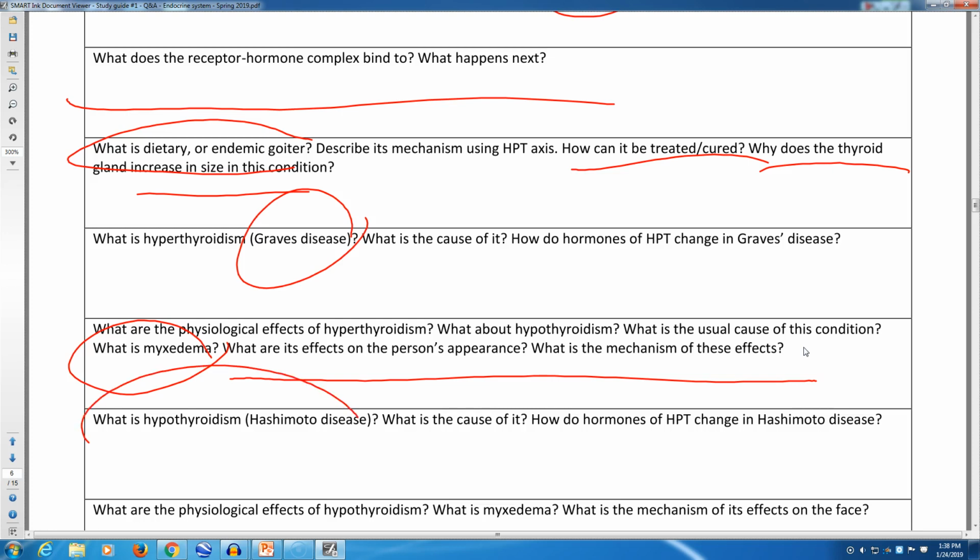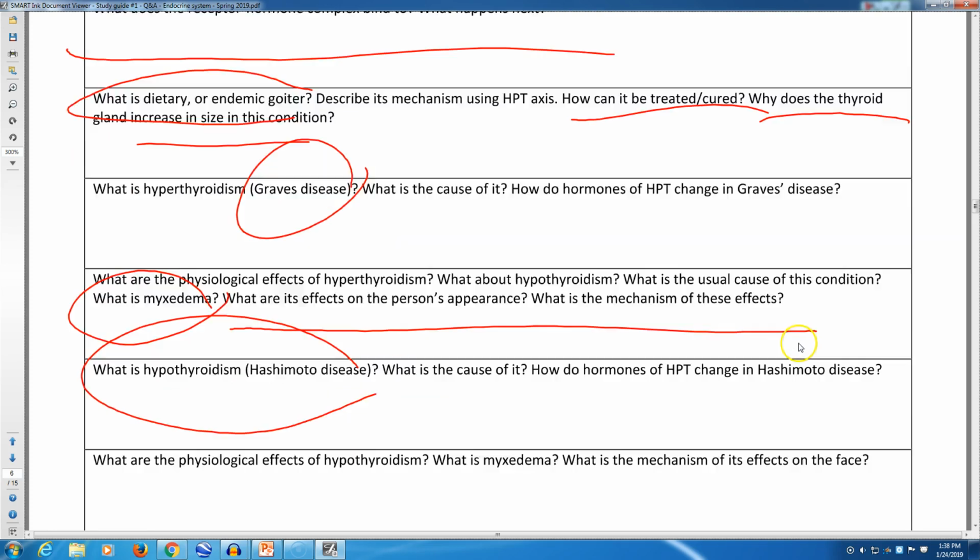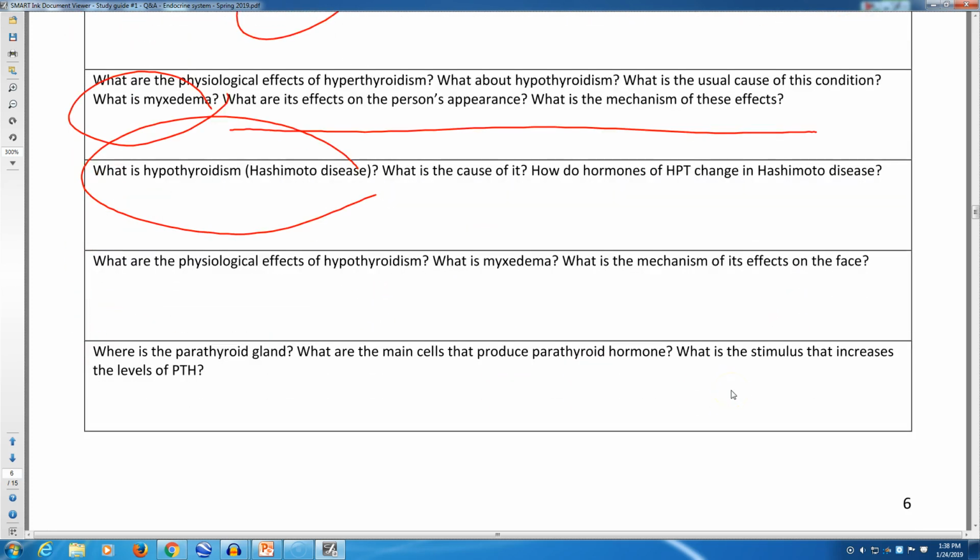Hashimoto's disease, hypothyroidism. Antibodies this time inhibit the release of thyroid hormone. So in Hashimoto's, TH levels are low. What about TRH and TSH? High. Yeah, that's a repetition. Overlooked it.